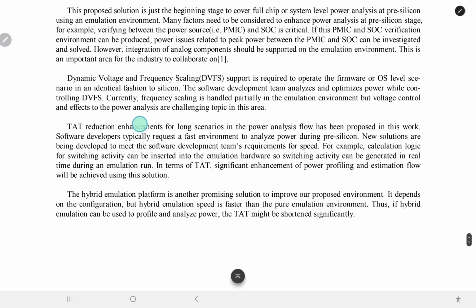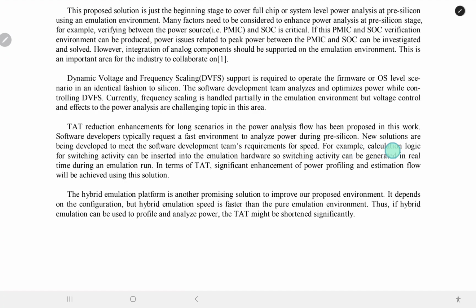The TAT reduction enhancement for long scenario low power analysis flow has been proposed in this work. Software developers typically request a fast environment and large power scenarios during the pre-silicon stage. New solutions are being developed to meet the speed that software development teams require.